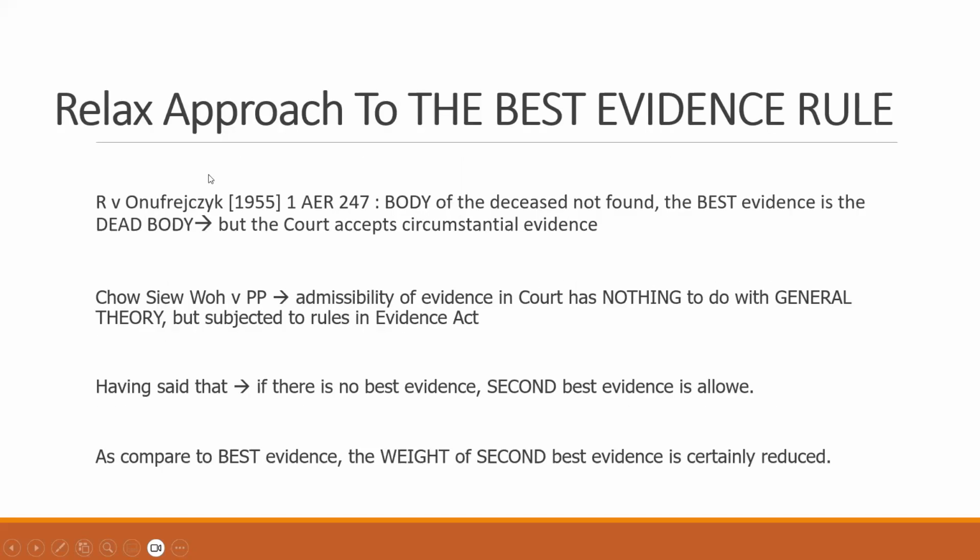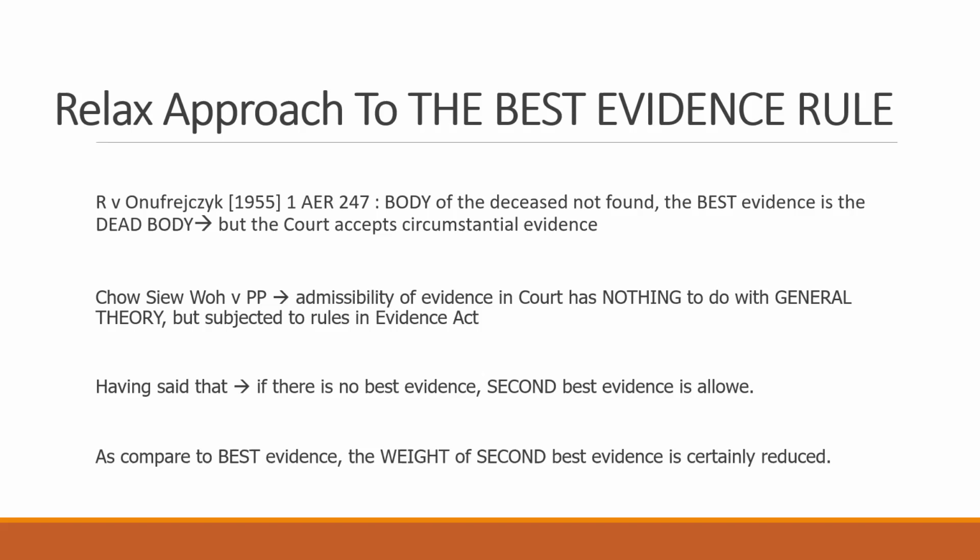This is what it means. So according to the case of R against Onyu Fragzik, I suppose Russian, the body of the deceased was never found. By right, to prove a murder case, you have to prove that the person is dead, correct or not? So the dead body or the corpse must be able to be produced.